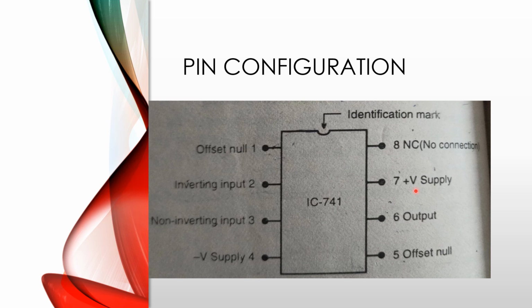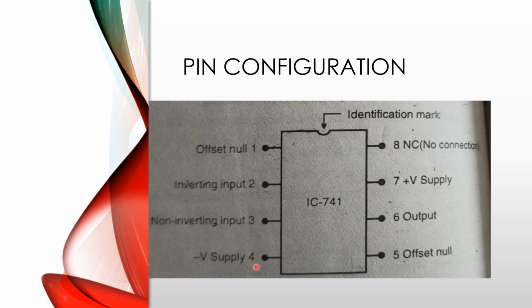How we work with this IC, we will discuss in the next class. So that's all for today's class. This is the pin configuration. Number 1 is the null pin, number 2 is the inverting input terminal, number 3 is the non-inverting input terminal.